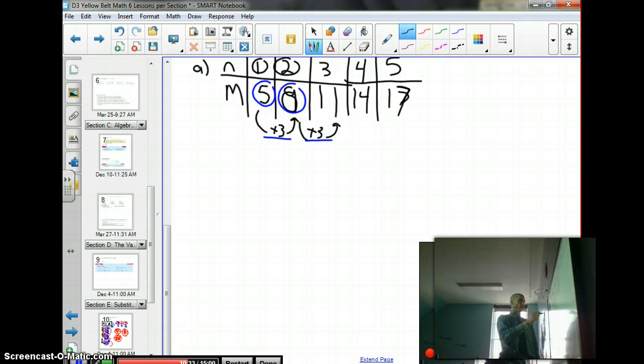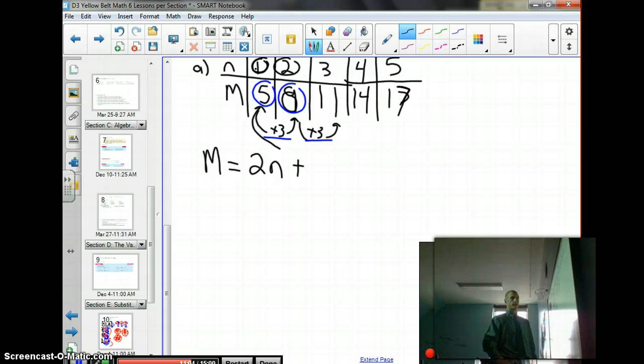Well, let's do what we did before. M equals, well, it's got to be something multiplied by n. We know that now. What about if we had, let's do something like 2n plus whatever it takes to get us that 5. So n in this case is going to be 1. 2 times 1 is 2.